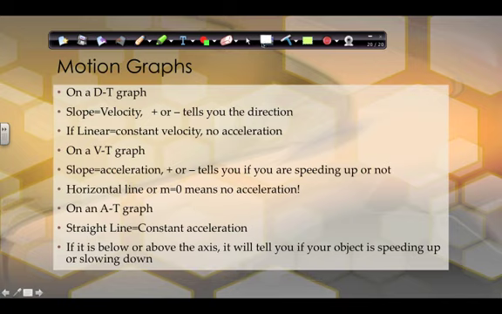Okay, so let's look at just a couple of things here. So let's say that I have a DT graph that looks like this. And that actually makes more sense than having a linear line, because right here I'm seeing that my distance is gradually changing. So if I'm looking right here, I do not have a linear line.